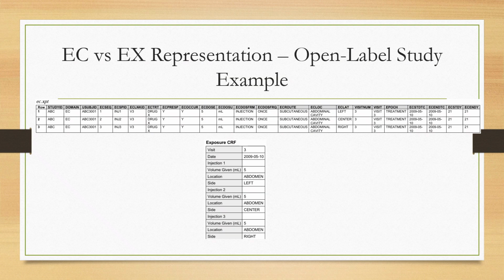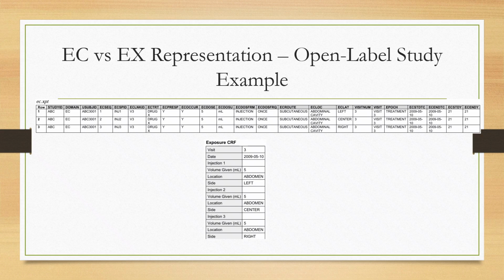And again, we have the date also populated here. We are giving the start date, and since it's an injection, the start date will be the same as the end date. So we have the same end date as well. And in this way, you can create the data for EC domain.